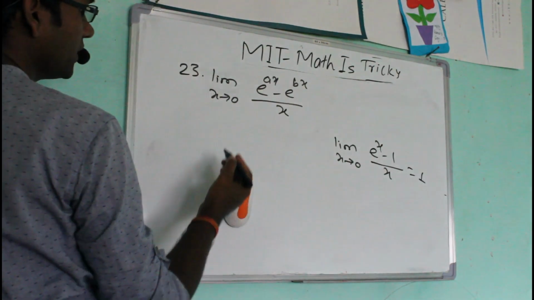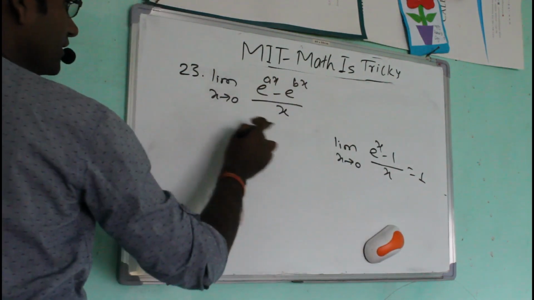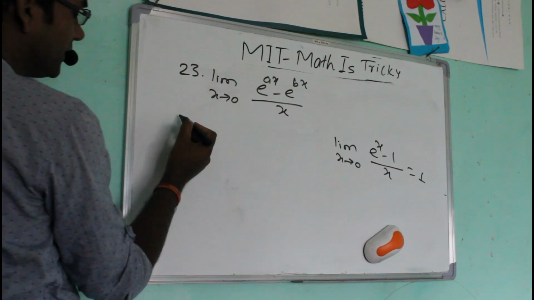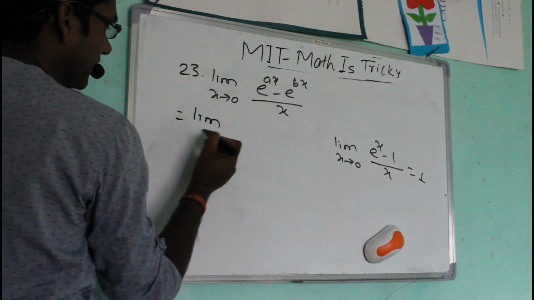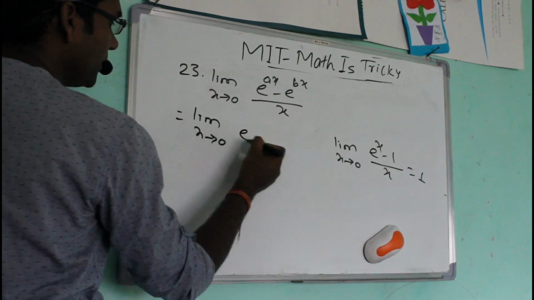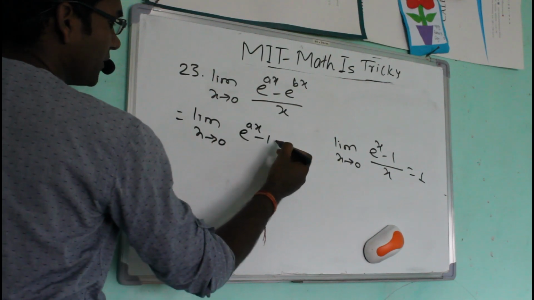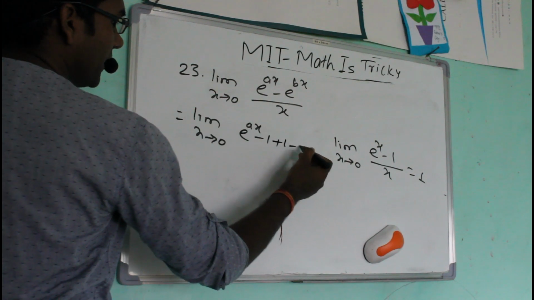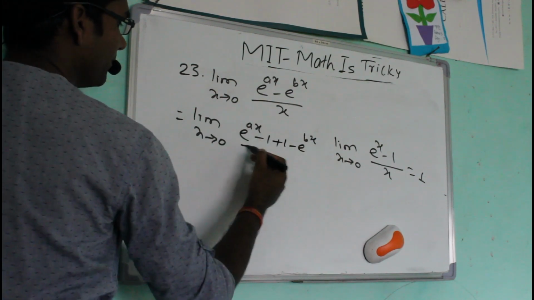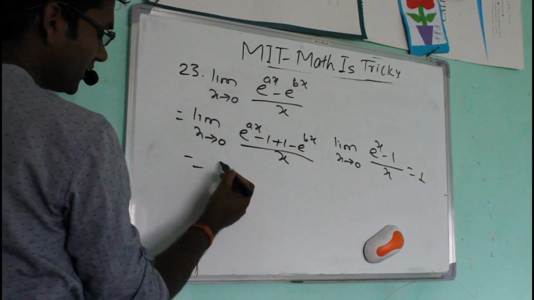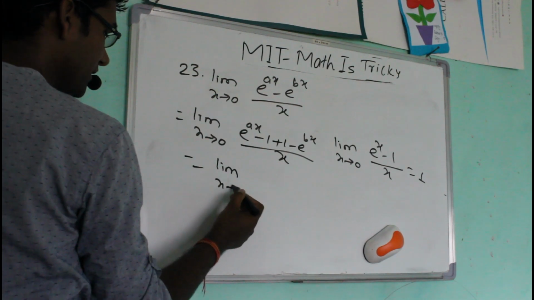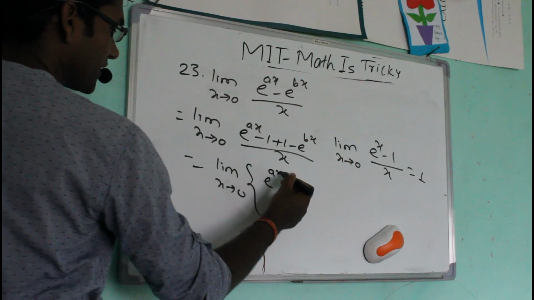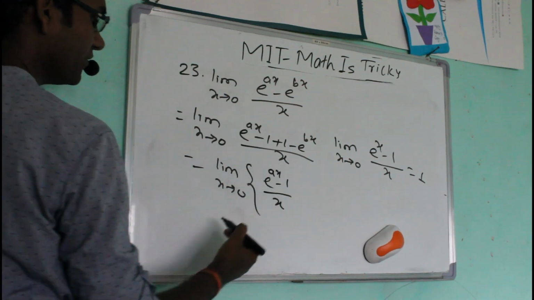This is the formula I'm going to use. So I'll try to change the given expression in this form. So what can we do here? Limit x tends to 0, (e power ax minus 1), I'm just adding and subtracting 1, and then plus 1 minus e power bx, by x. So you can see here limit x tends to 0. Now if I separate here, (e power ax minus 1) by x, this is the first term.